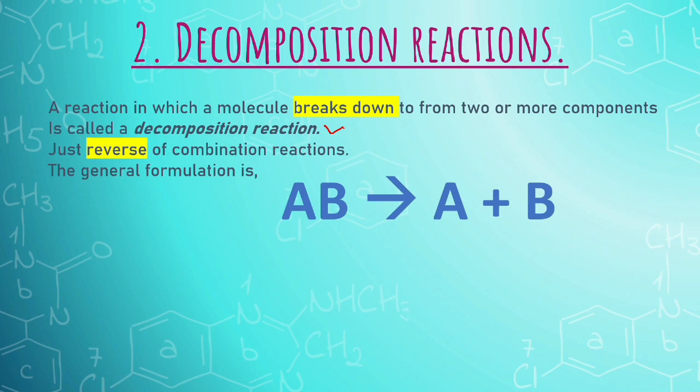The general formulation is AB is a compound which undergoes decomposition and splits into its components A and B. This reaction is just the reverse of a combination reaction. If I proceed in the opposite direction, the AB compound is formed with the combination of A and B.